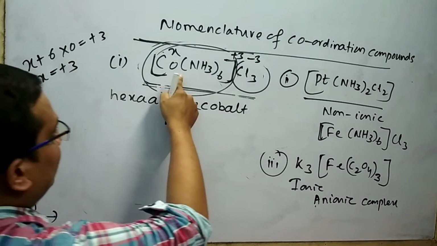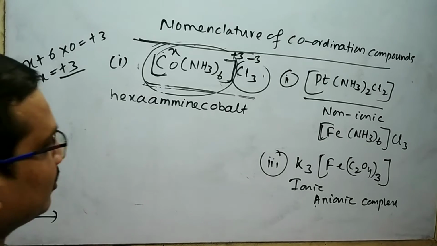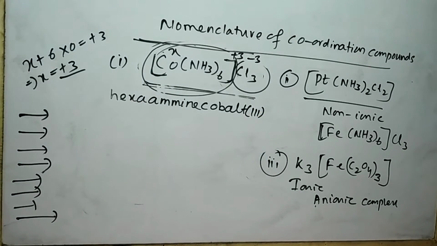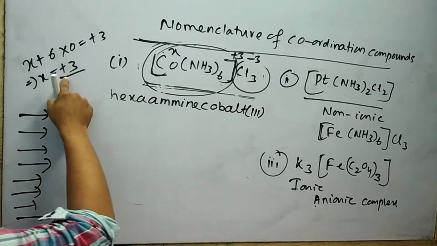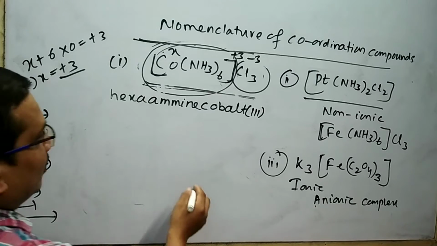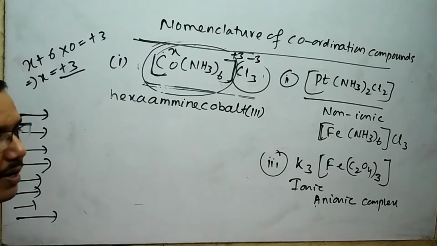In this compound, cobalt has the oxidation state +3, so it is bound to write III. According to the rule, for +3 the Roman numeral is III. This is the name of this coordination sphere part.